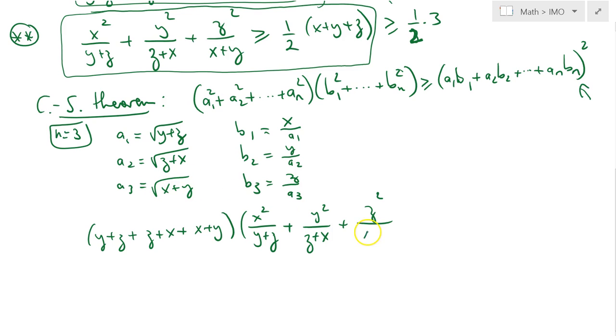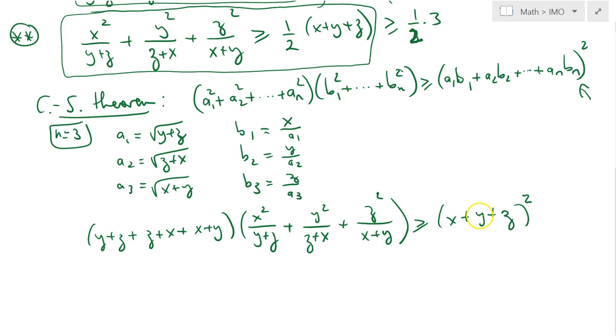That expression is greater than or equal to, now the nice thing, when I multiply them side by side, the a's will cancel out, so all I'm left with is an x, then a y, and finally a3 b3 is just a z, all squared.